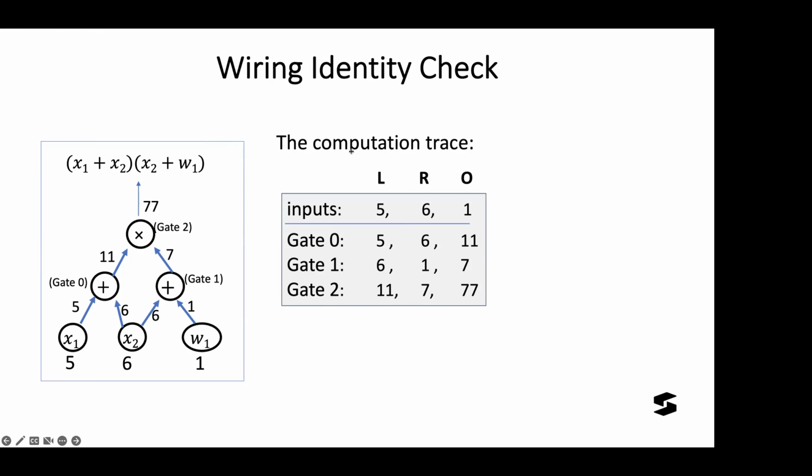But the degree of the sum check, so the degree in each round, increases by a factor of h. So I don't think it's a worthwhile trade-off. But what is h? What size of h? H is the Boolean hypercube size, or yeah.